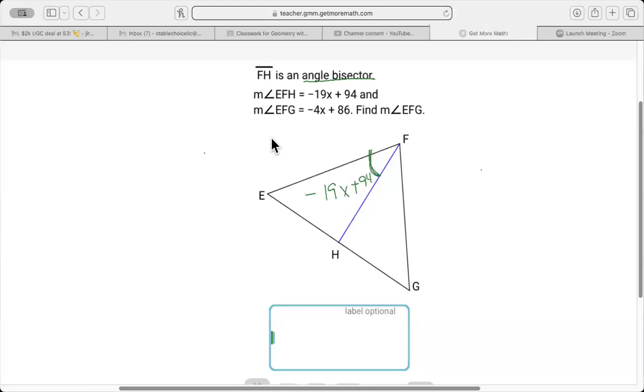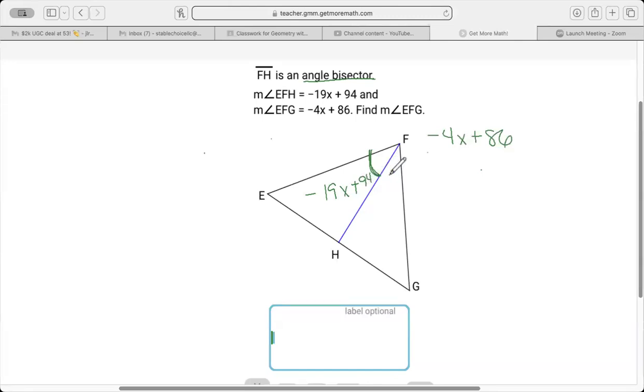And then it tells us that EFG, so EFG, that means the entire angle, right? So EFG is negative 4x plus 86. Okay, so this inside piece is that, and then it equals this. So how are we going to be able to solve for x becomes the question.